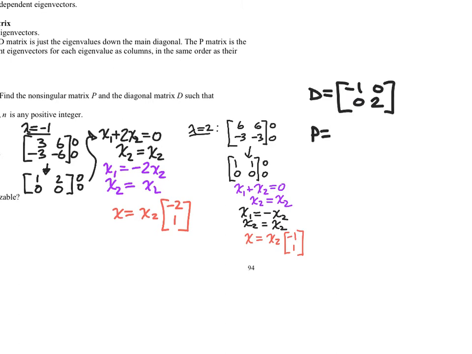And my matrix P is just going to be the set of eigenvectors, in the corresponding order. So the eigenvector (-2, 1) came from the eigenvalue -1, so it's got to go in the same column.